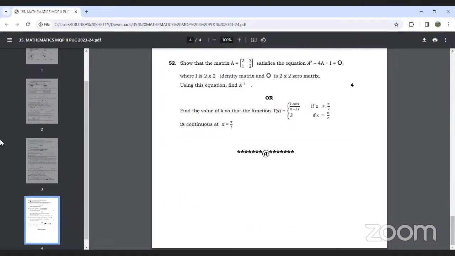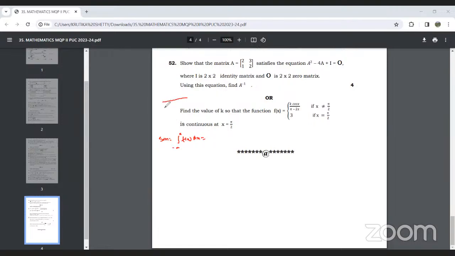Okay, solution. So in the solution, we are considering the property. We need to prove it. So first, what we will do is we will consider the LHS of the property, the integral from minus a to a of f of x dx.